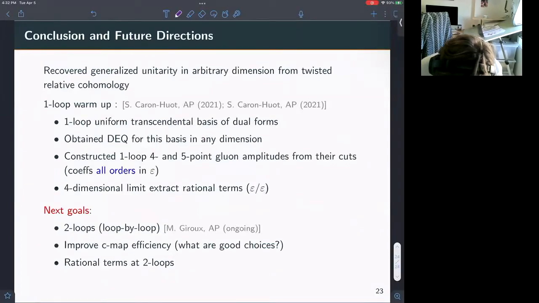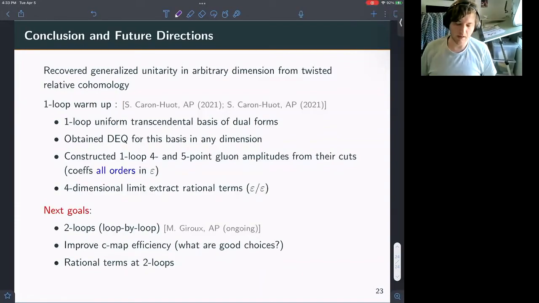Okay, so overall what we've done is we've recovered generalized unitarity in arbitrary dimensions from twisted relative cohomology. We did a warm up at one loop. We found a uniform transcendental basis for dual forms.